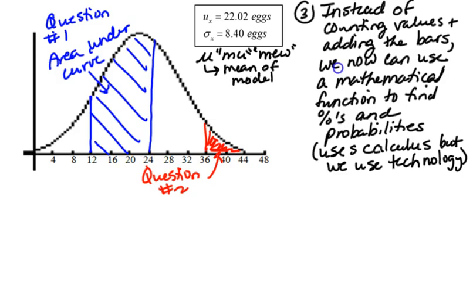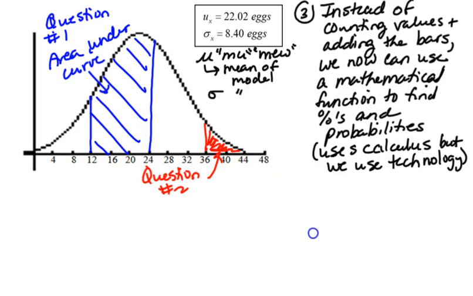Now, why do we call this a model? A model is not an exact representation of the data. It's kind of a smoothed over, more perfect model of the data. So it is a close representation of the data, but not exactly. So we call this a mathematical model. And so mu is the mean of the model.